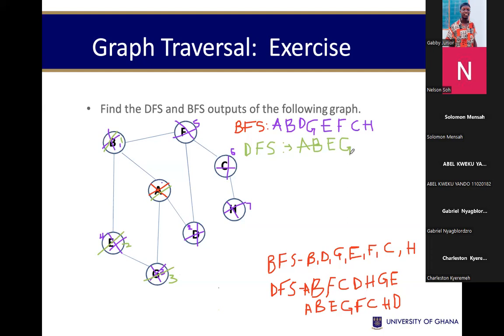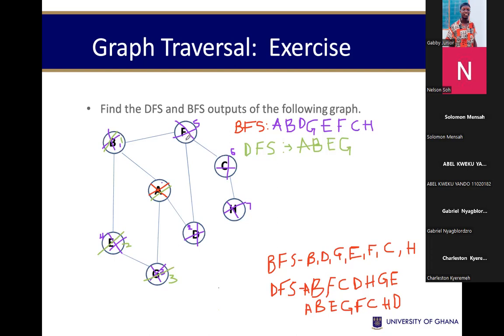And of course, the adjacent node of J is A, and A is already marked. So I need to move back, move back, move back. And then still at B, check the next adjacent node, which in this case is F. So I need to completely exhaust B before I can come to the next friend of A.